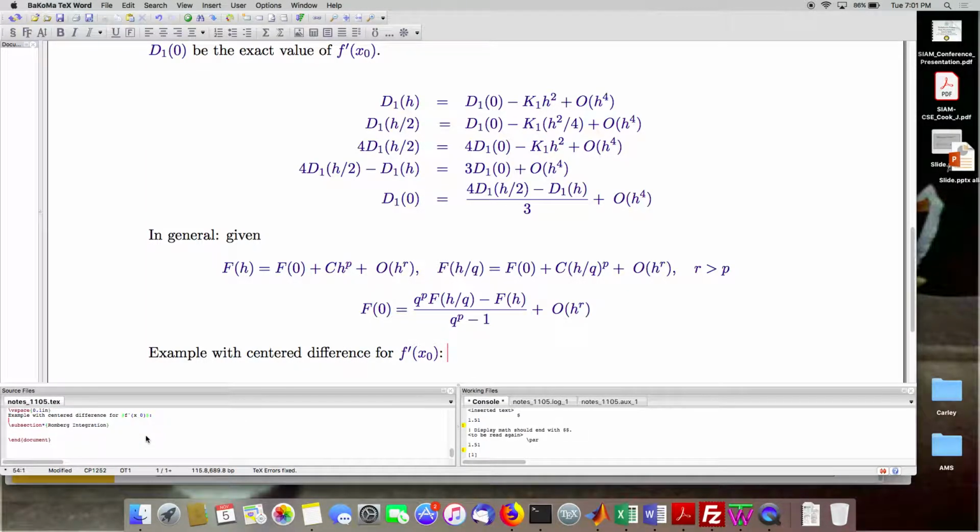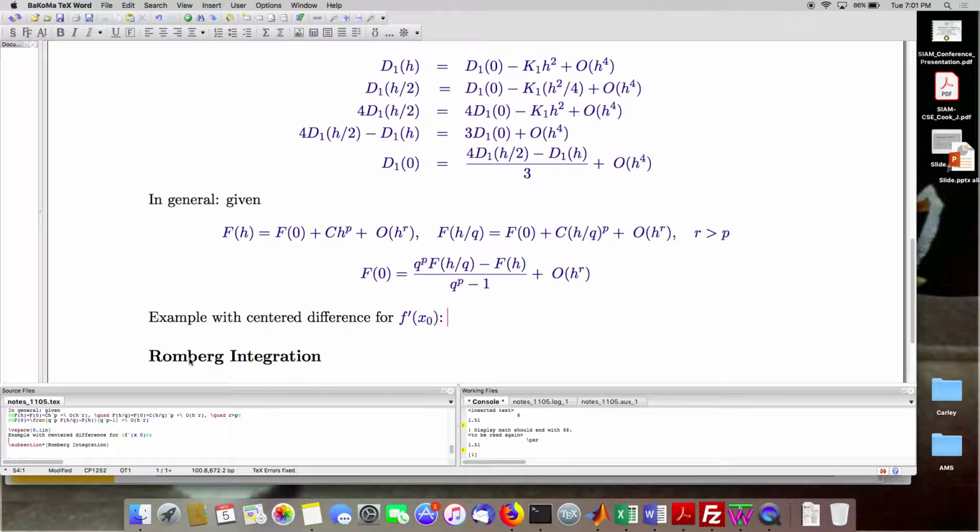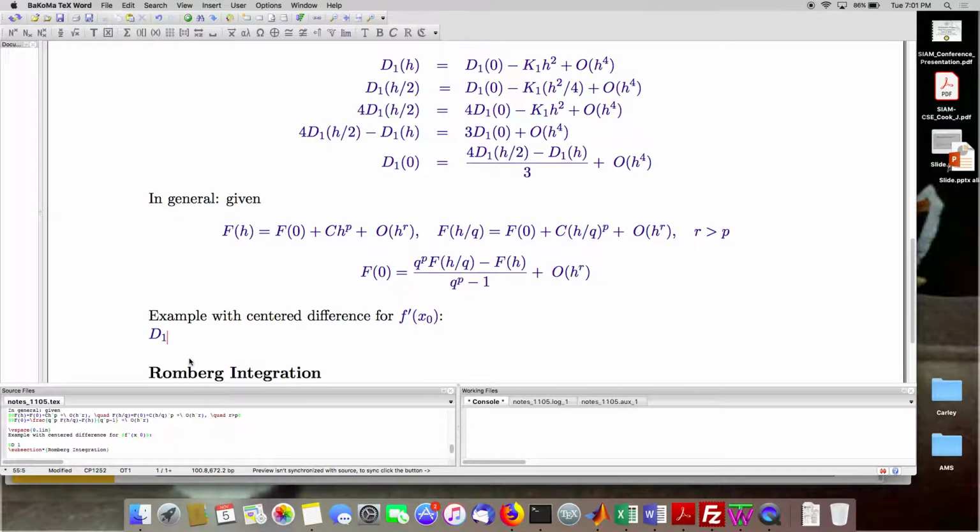My first approximation, d1 of h, I'll recall the error is 0.003, and then d1 of h over 2, error is 0.00077. Okay.